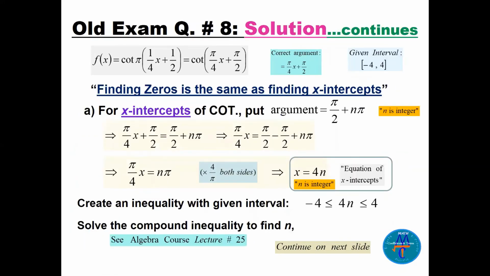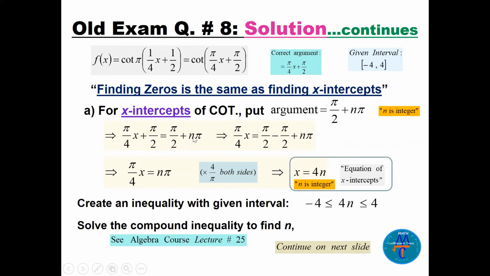Now, to find the zeros, this is the same way as finding x-intercept. To find x-intercept for the cotan, you put the argument pi over 2 plus n pi is equal to argument, where n is integer. So I say pi over 4 x plus pi over 2 is equal to pi over 2 plus n pi.